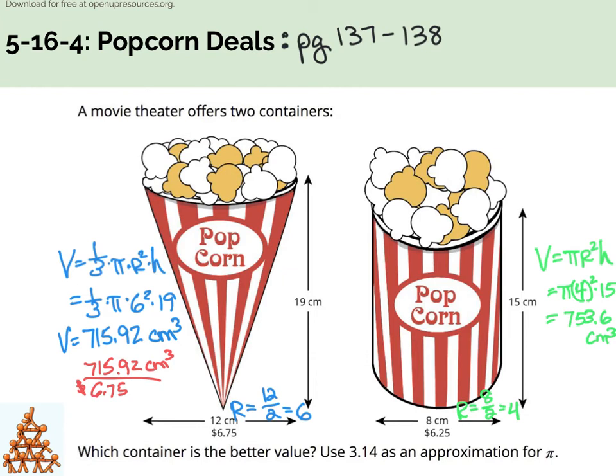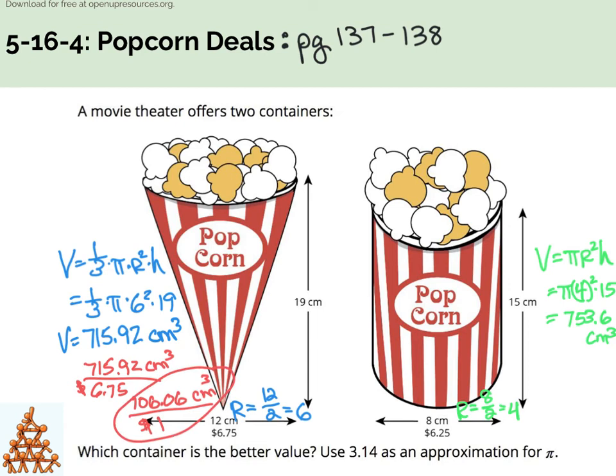So let's divide that out. 715.92 divided by 6.75. Okay, what is that? That is 106.06 centimeters cubed per $1. So this is the amount, bringing it down to a dollar amount.